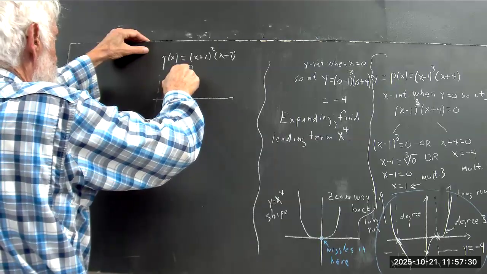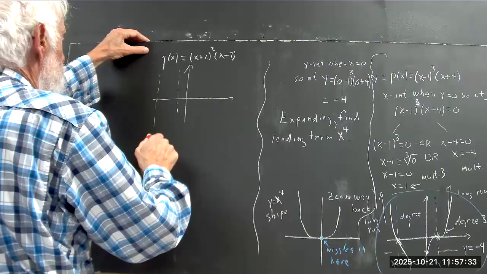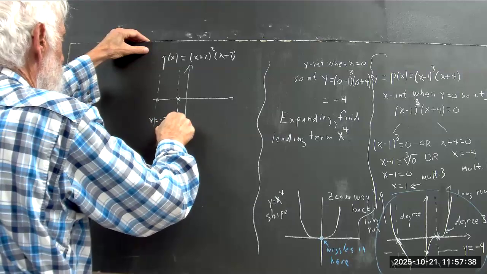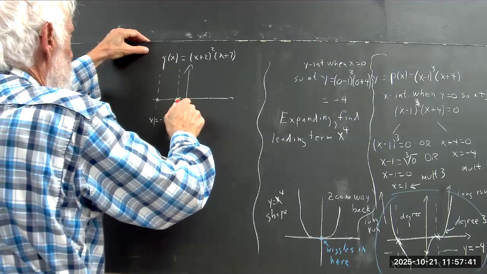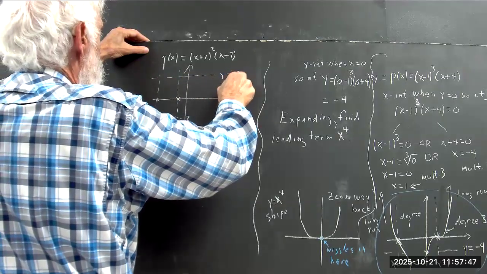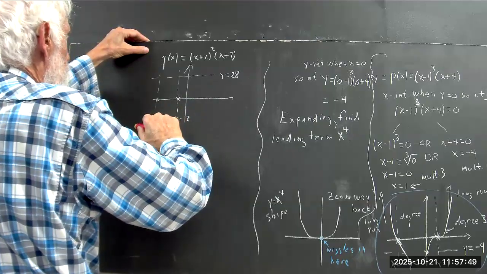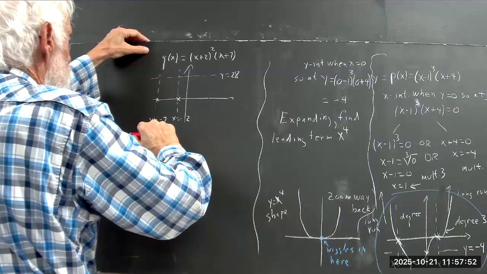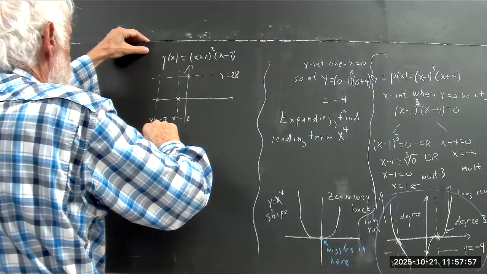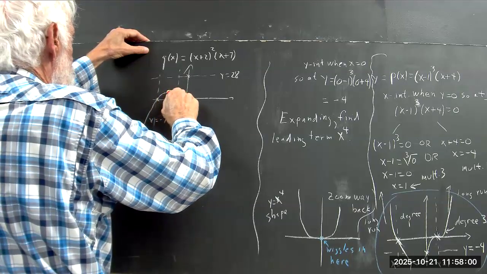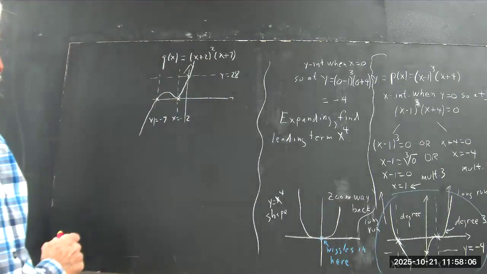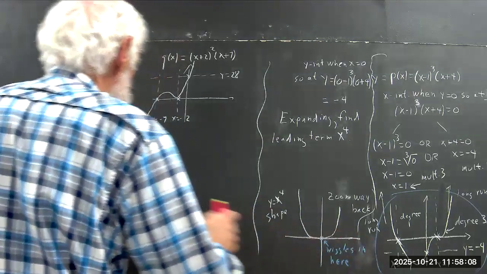Had a 0 at -7, had a 0 at -2, and had a y-intercept of 28. And the graph ended up in something like this, a little funny over there. And we have the graph of this function.